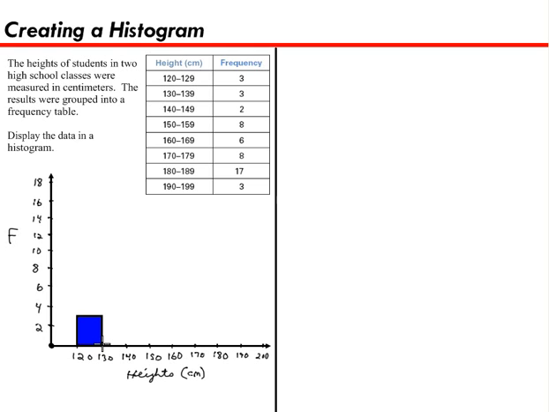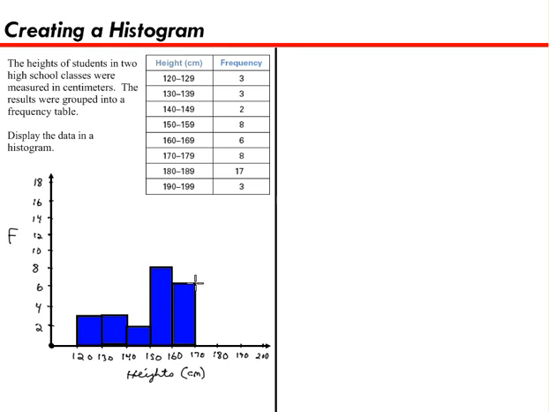So the next interval is also 3, between 130 and 139. The next interval looks like there's a smaller frequency, it's 2. So I'll just go up to 2 on the y-axis over here. And 150 to 159 will be a frequency of 8. That's about 8 right there. Next we have 6.